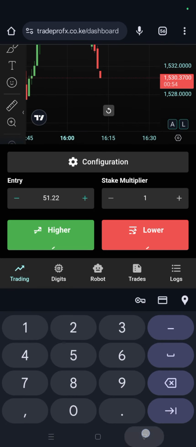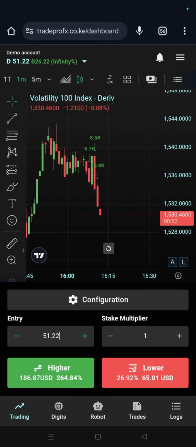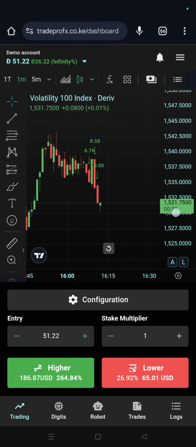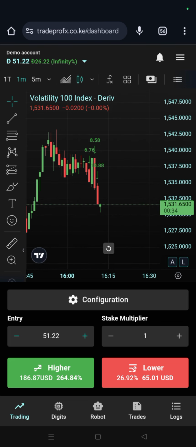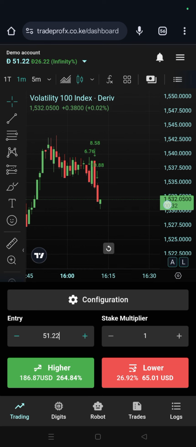But it works. It's a strategy that works because if you know the direction, if you understand price action, you'll always know which direction the candlestick will go. This is just a concept I'm trying to illustrate to maybe the beginners or those who do not know how to look at the candlestick behavior.